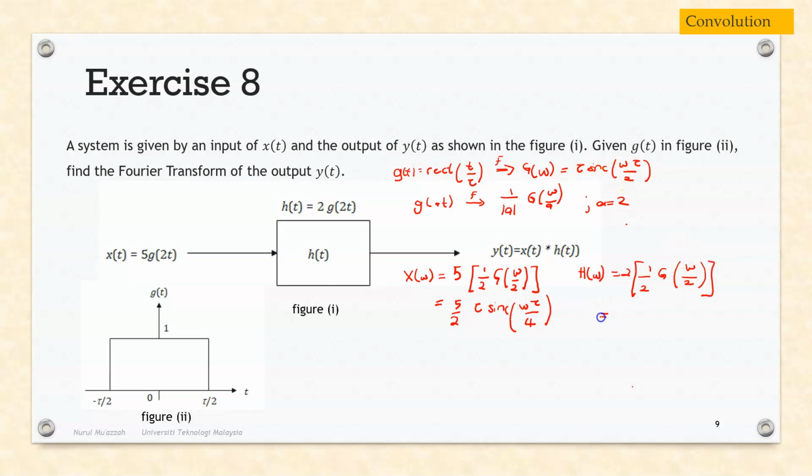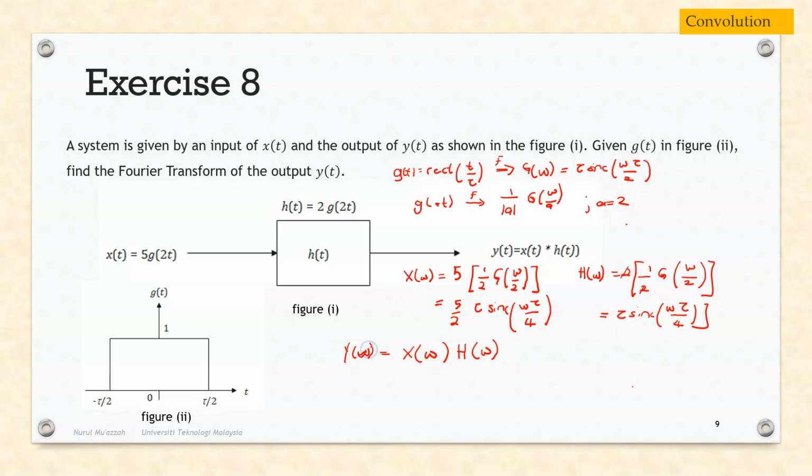From here you cancel out the 2, so this one will become tau sinc omega tau over 4. So from here we can use the multiplication property for the convolution. Y omega equal to x omega multiplied by h omega.